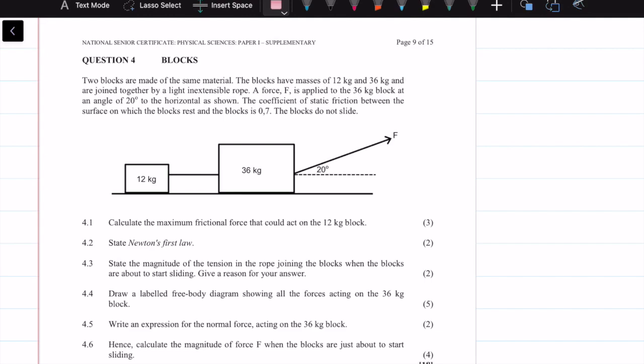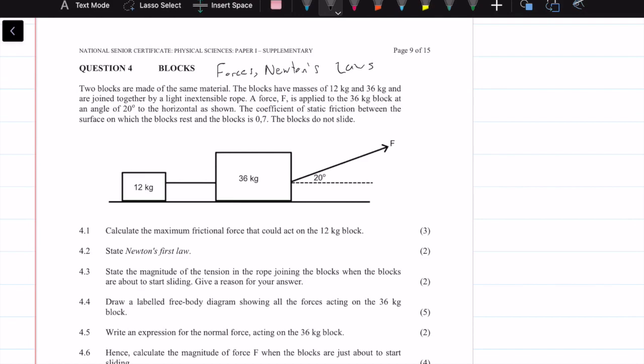We are going to go over question 4 of the 2016 supplementary exam. It's called blocks, but it's probably more about forces and Newton's laws. Two blocks are made of the same material.